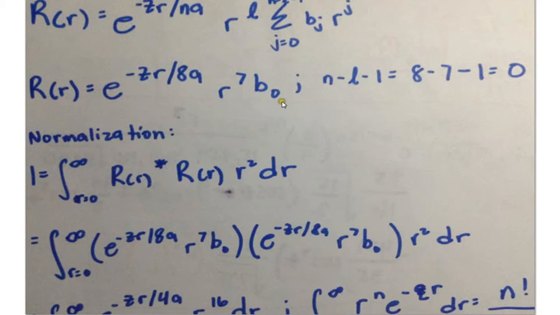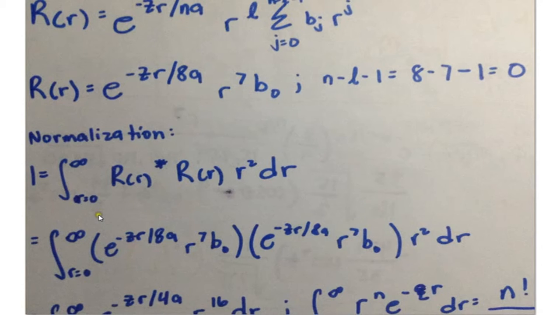So again, just like what we did with S, we will normalize the whole equation to get b0, the normalization constant. To normalize the whole equation, we will use integration of R times r squared dr. Why r squared, not sine theta? Since we're dealing with the r and not the theta.